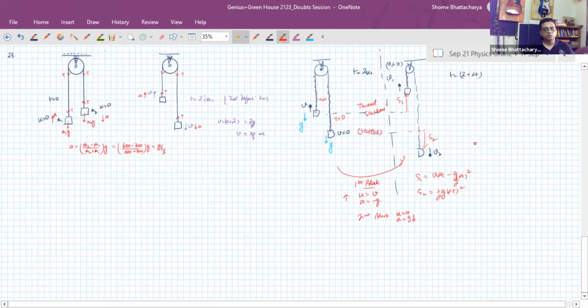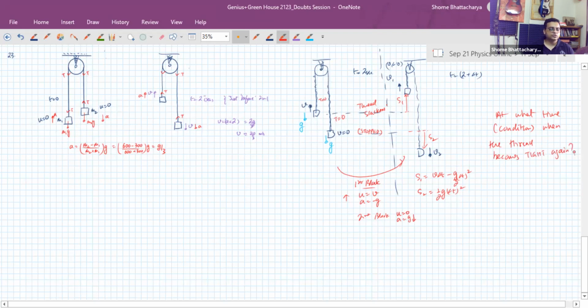So the important question is, at what time or under what condition does the thread become tight again?